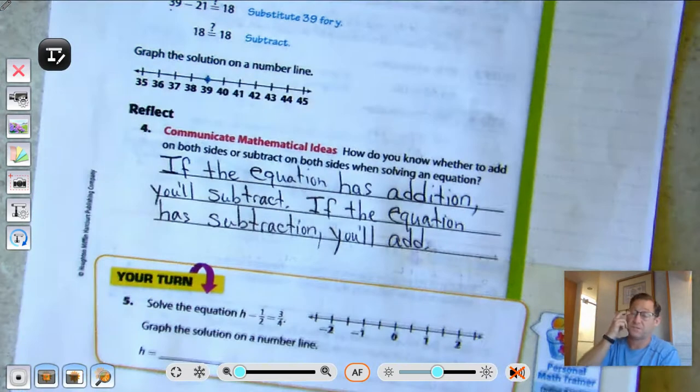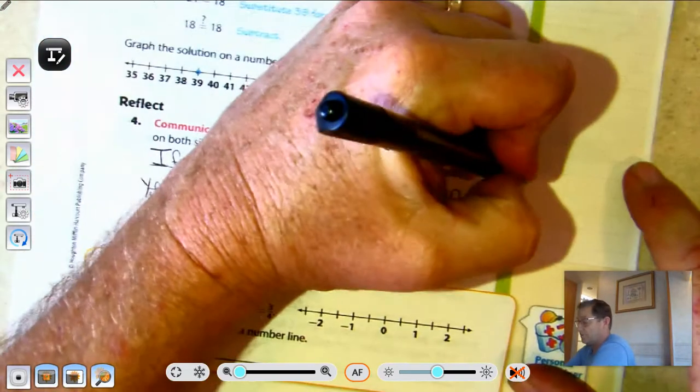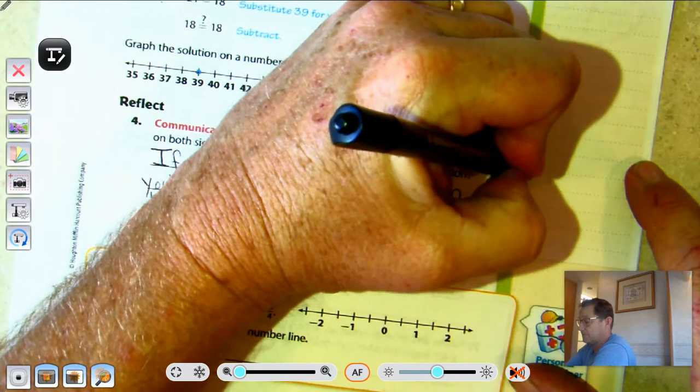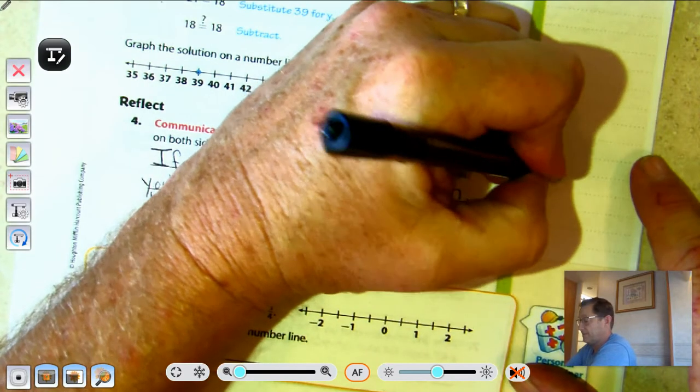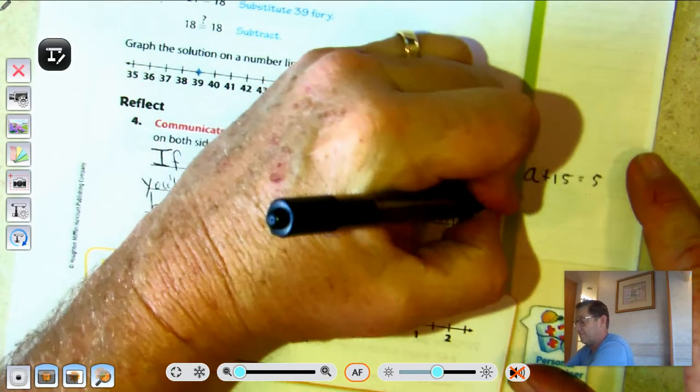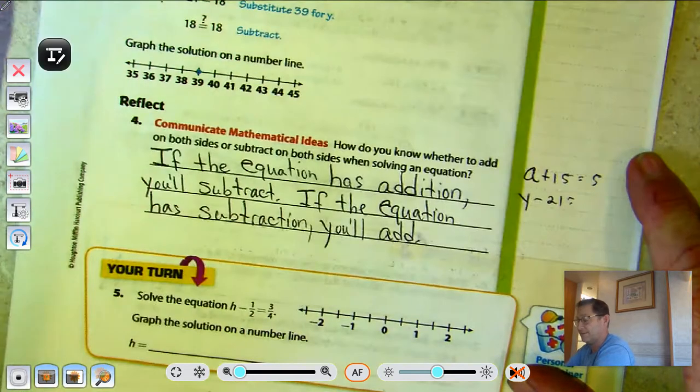Okay, so simple as that. So let me just write our two examples. We had a plus 15 equals 5, and we have y minus 21 equals 18.